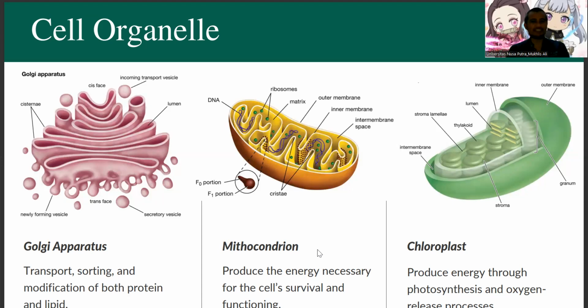So the chloroplast is the most important cell organelle in the world, because it releases oxygen to other organisms, and also produces energy or food which can be consumed by other organisms too.